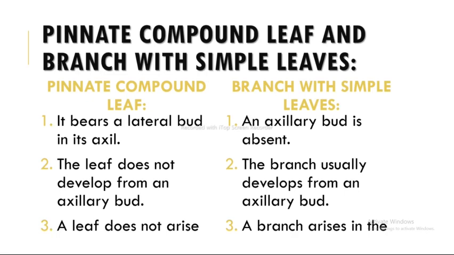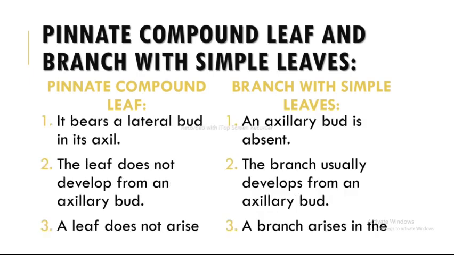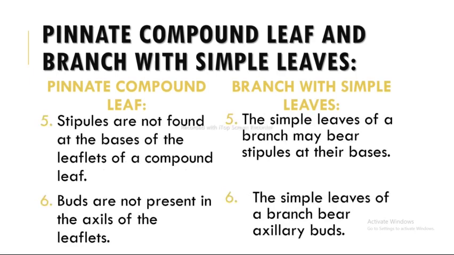In a pinnate compound leaf, a leaf does not arise in the axil of a structure, but in a branch with simple leaves, a branch arises in the axil of a leaf. The pinnate compound leaf may bear two lateral stipules at its base, but in a branch with simple leaves, no stipules are present at the base of the branch.